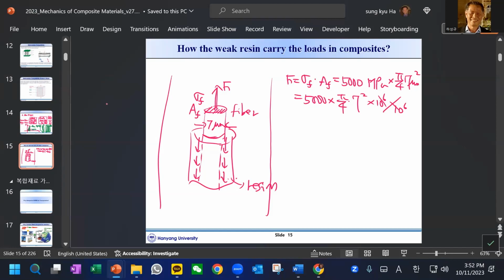About this much Newton, right? Something is wrong. Too high.